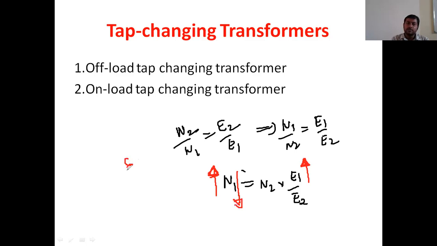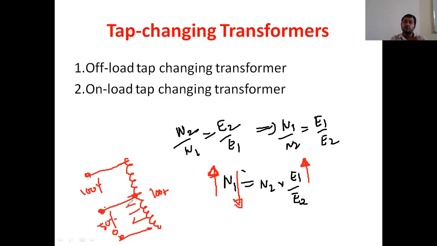For example, here the number of turns will be like this. For example, we have 100 turns, and at this middle position, 50 tapping position, this is 100 tapping position, this is 0 tapping position, 0, 50%, and this is 100%. Like that, we have different tapping positions available: 1, 2, 3, 4, 5, like this.